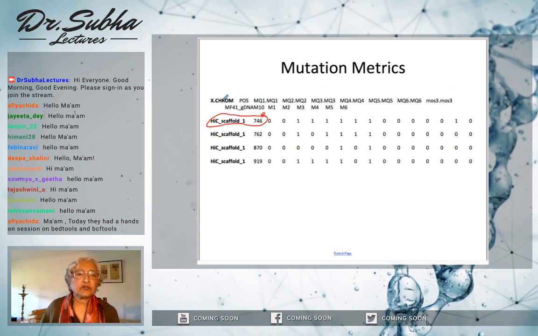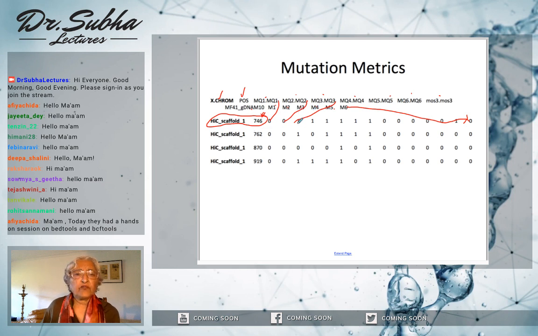So you have chromosome, you have position, and you have sample information. Sample 1, 2, 3, up to 14 samples. It is wrapping around just because I couldn't fit the Excel sheet here. This belongs to this sample, this belongs to this sample, and so on. So that's how it goes.